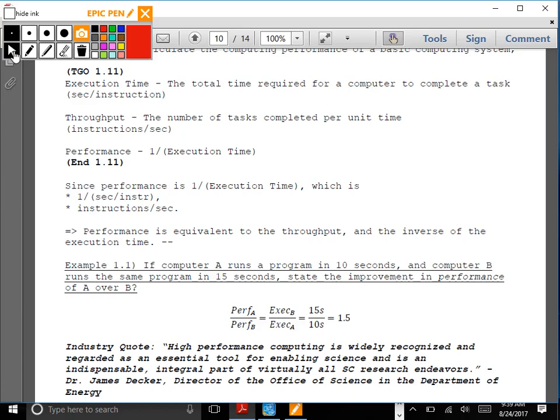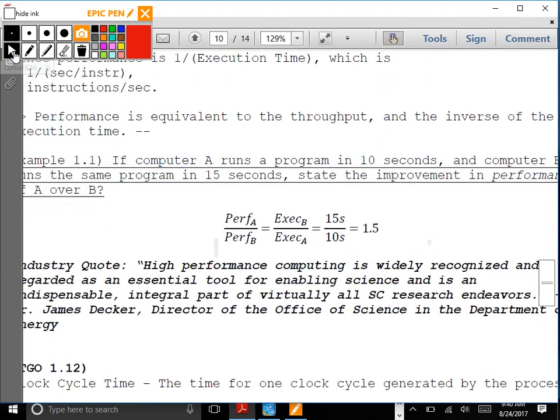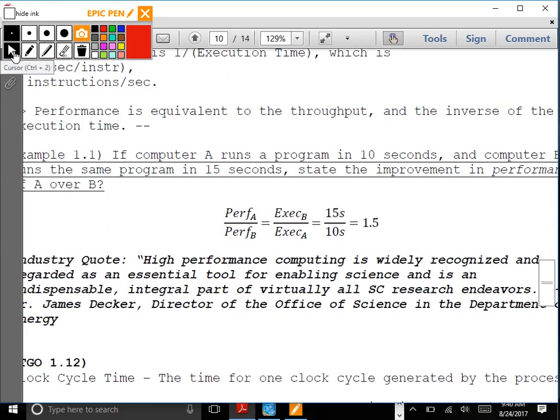Okay? So in this case, we have performance A over performance B. In fact, I can zoom in here for those of you in the back. So performance A over performance B is equivalent to, now I'm coming up with a ratio. We also know, based on the previous topical guide objective, that the performance is 1 over the execution time.